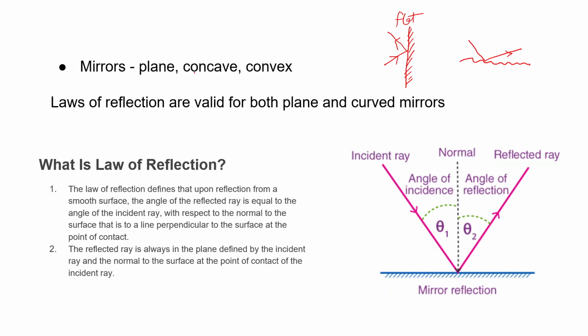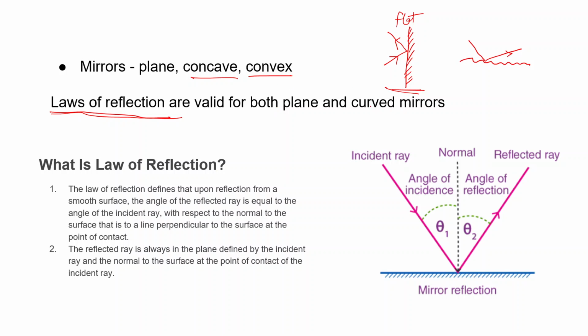Similar to flat mirrors, we have spherical mirrors. Let's talk about that later. Now let's start: what are the principles on which these mirrors work? They include reflection of the incident light, and this reflection follows certain laws called laws of reflection, which are valid for both the plane or flat mirror and curved mirrors.